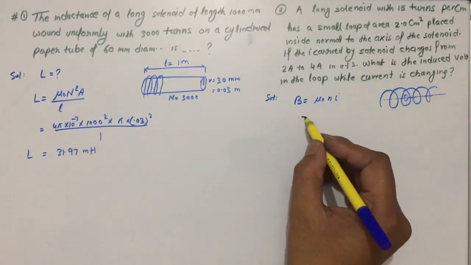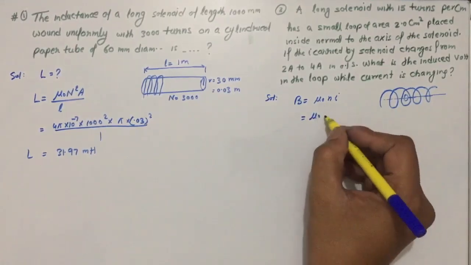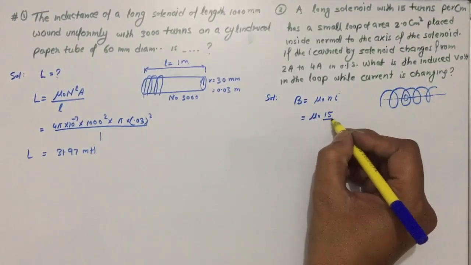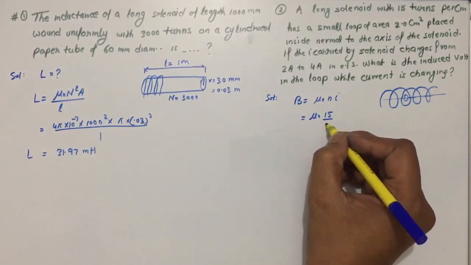To find B, we know mu naught, we know N, that is 15 turns per centimeter.